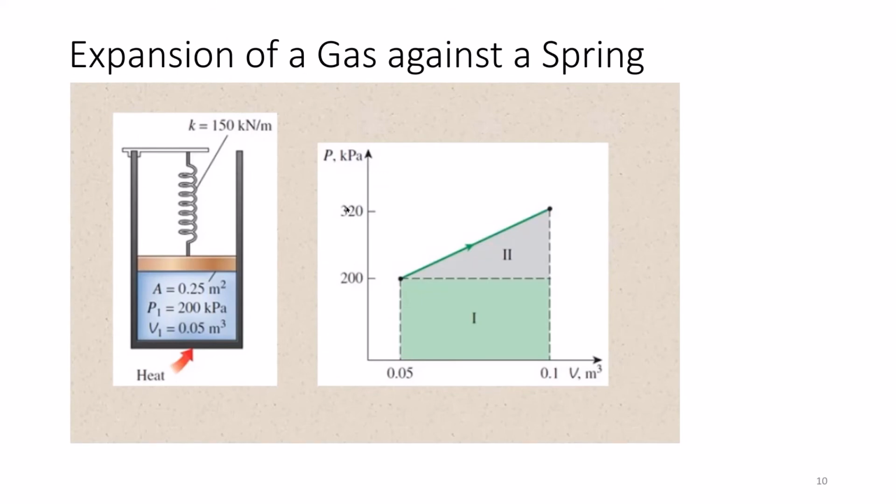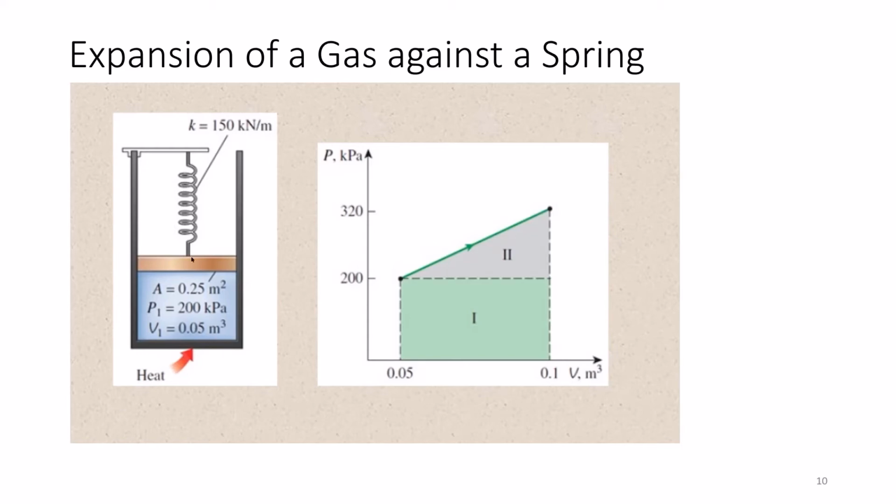And then just taking a look at what it looks like if we have expansion of a gas against a spring. Okay, so in this case, you're going to have essentially a linear line, and you just make the assumption that this is a linear spring, of course, in the range that we care about, in terms of its range of compression or extension.